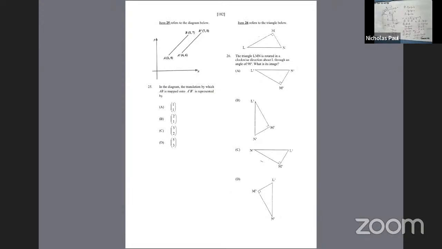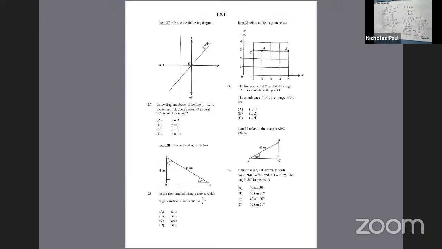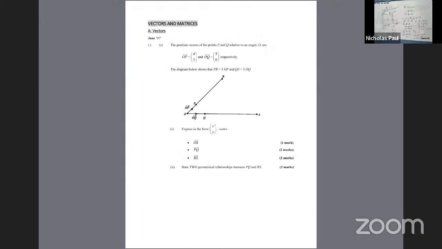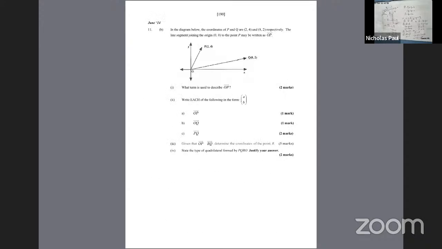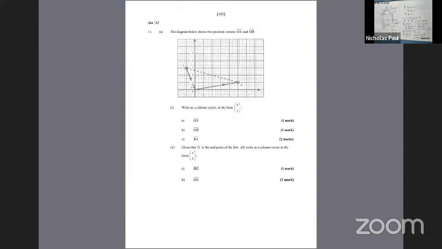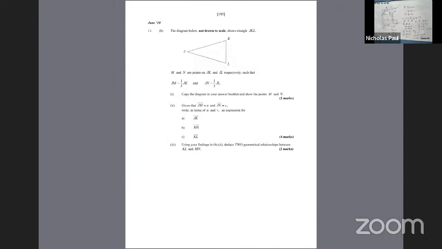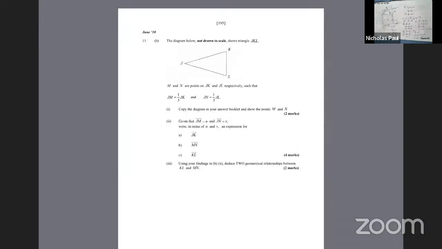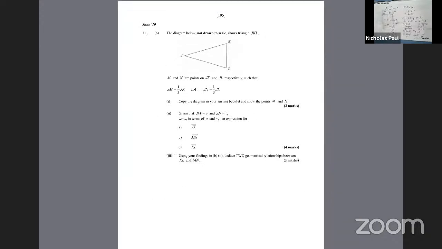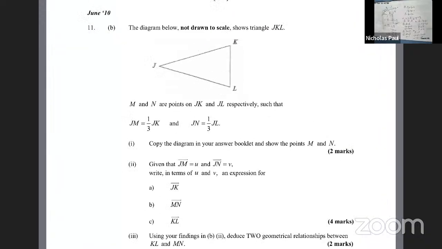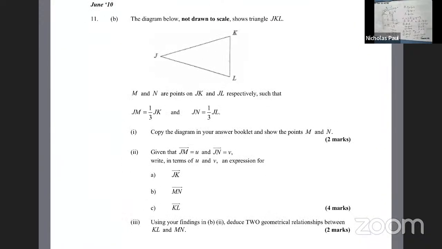Oh, you know it has vectors now in this. Anyway, yeah, it is good. One more, and that's it. This only goes until 16 or 17. Last one.